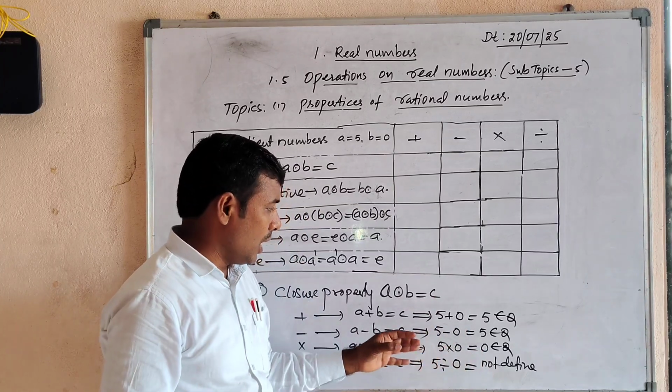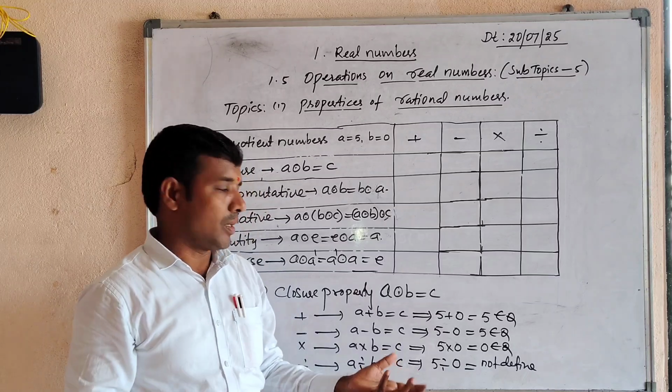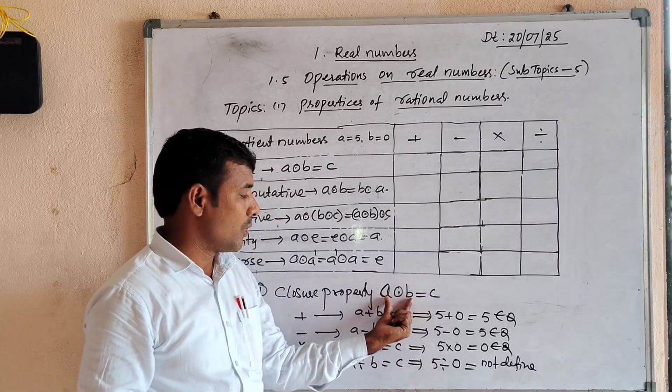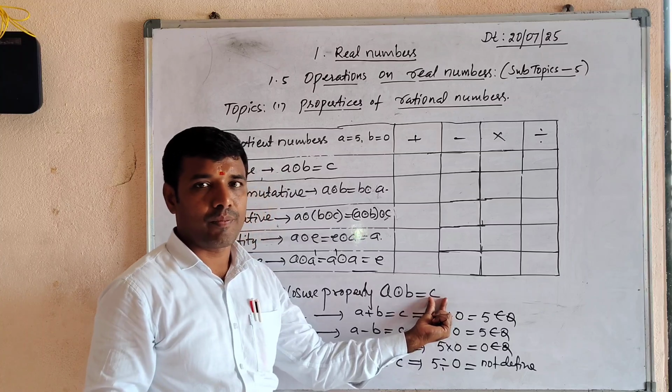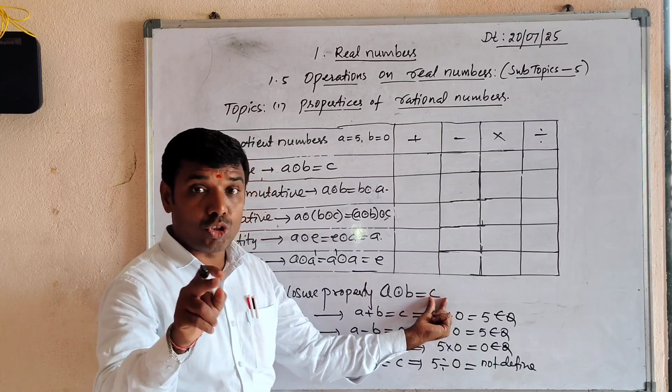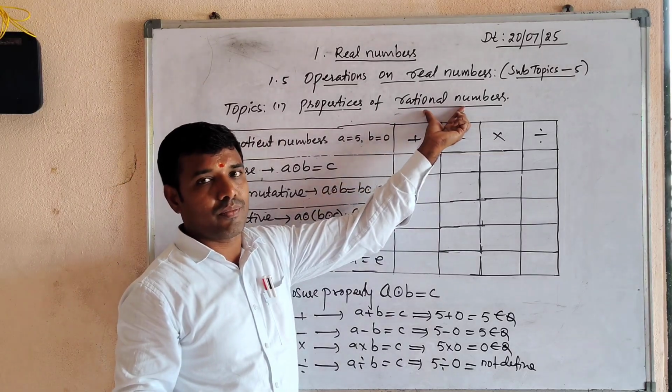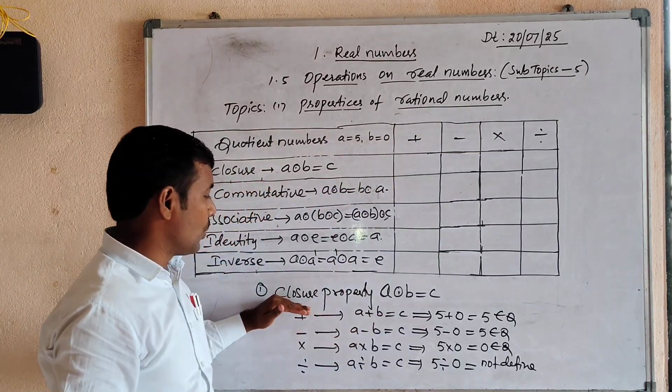We must get a result, and the result should belong to the rational numbers. That is the rule of closure property.